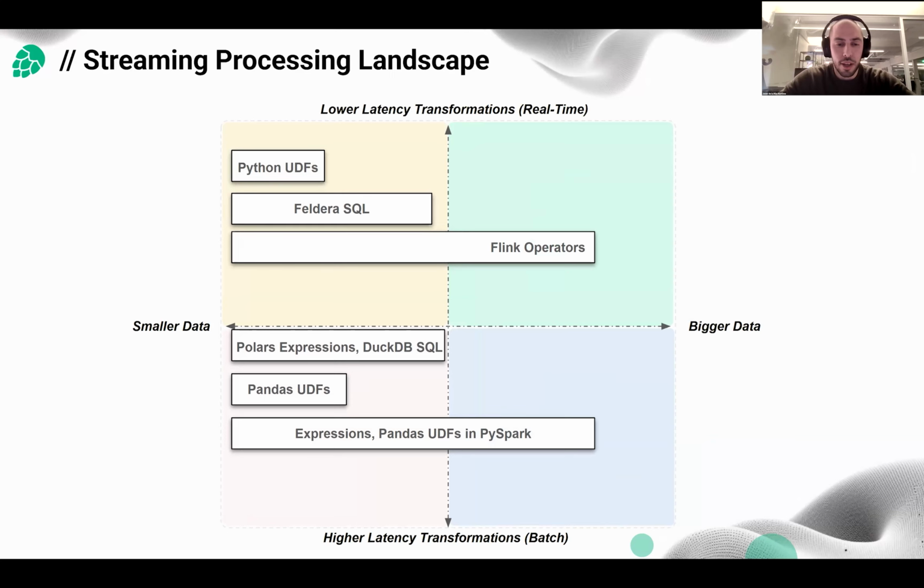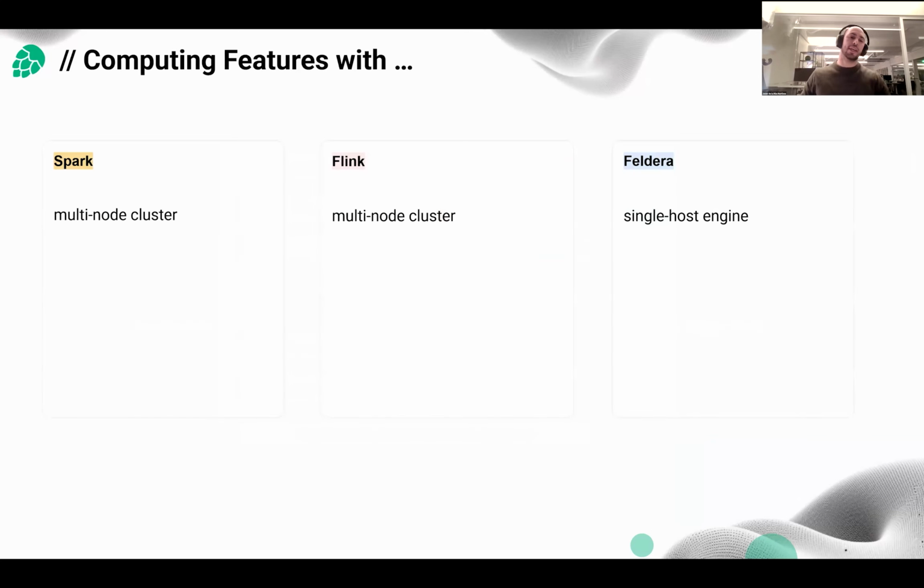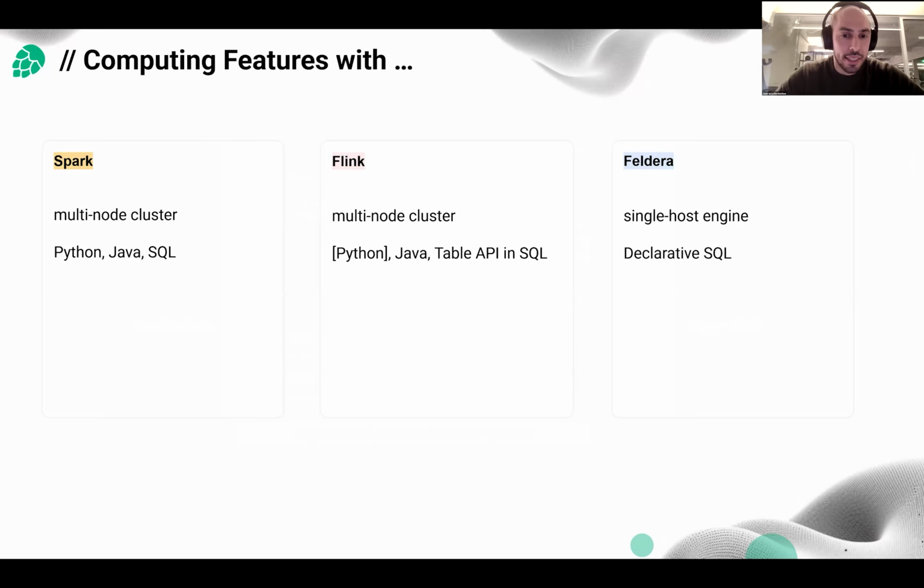And if we take two of the most popular ones, Spark and Flink, and then also Feldera, which is a bit more recent but has some specific features that are very interesting for our use case at the moment, we can see that comparing Spark to Flink, both are multi-node.